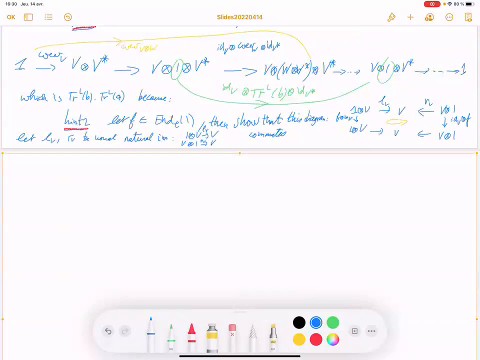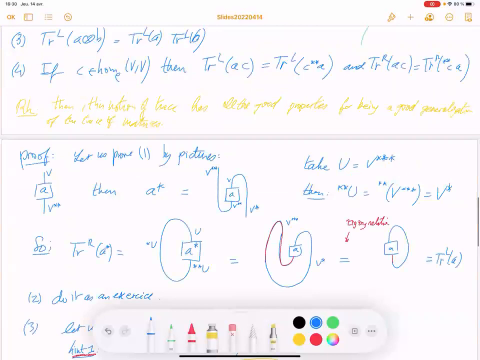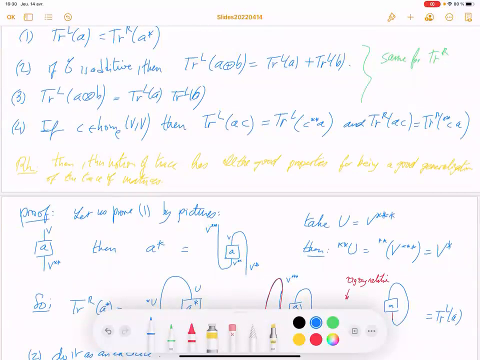Okay. Point number 4. So let us start from that, and we will show it is equal to that.